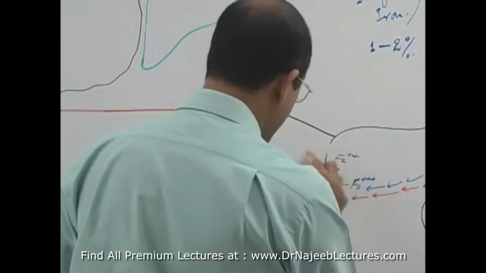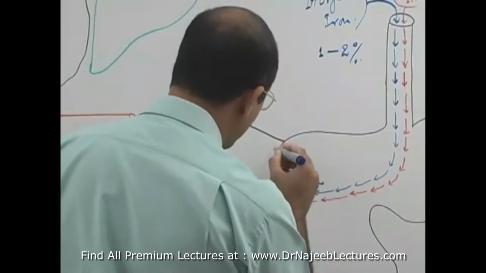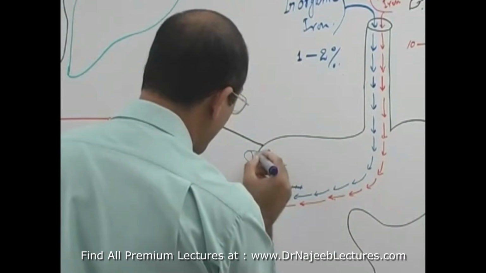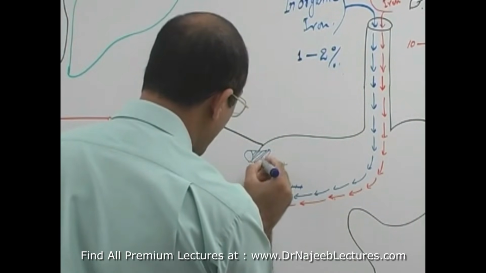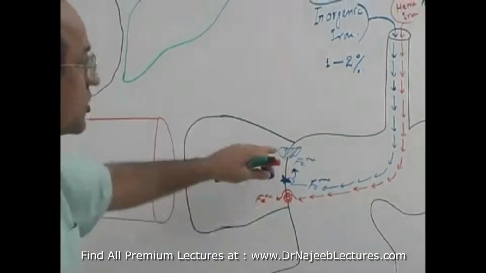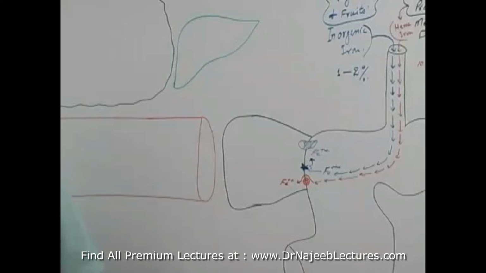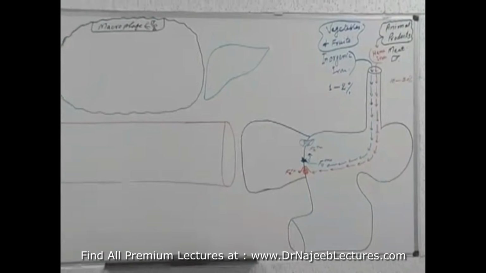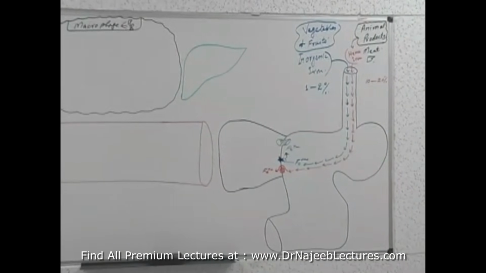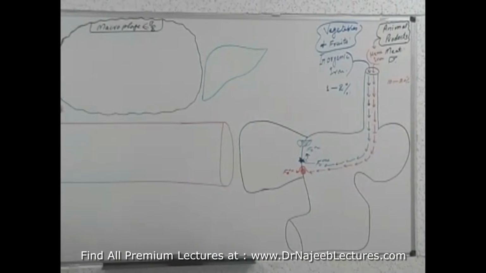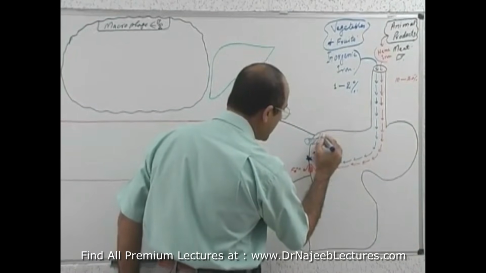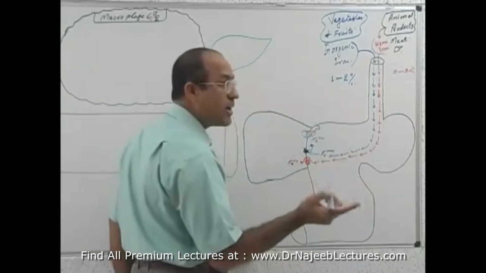After that, here there are very, very special channels, and through these channels, basically metals are absorbed. Because these channels help in absorption of metals, we call them divalent, because they help in divalent metals.